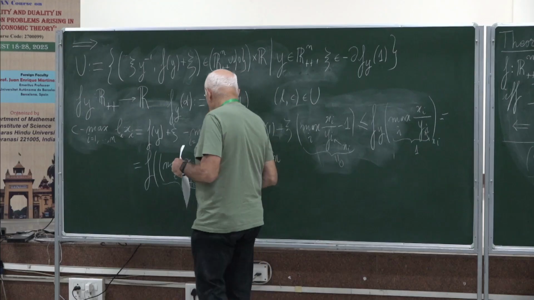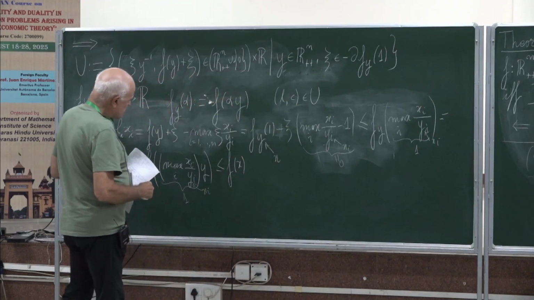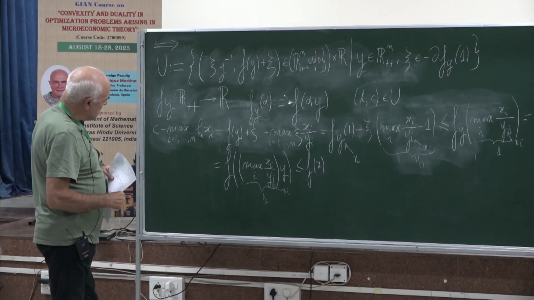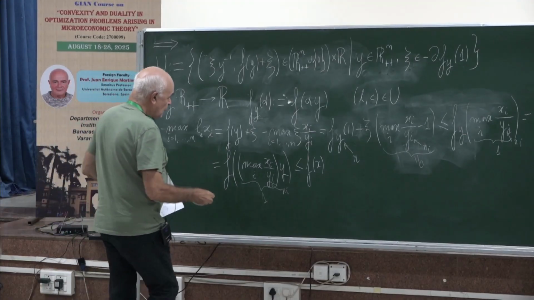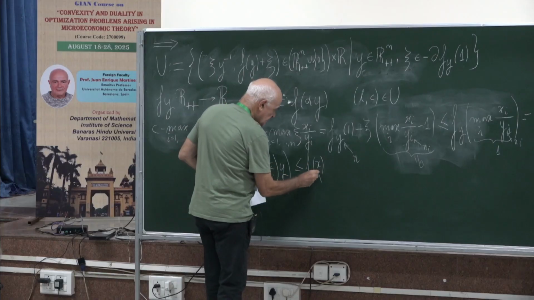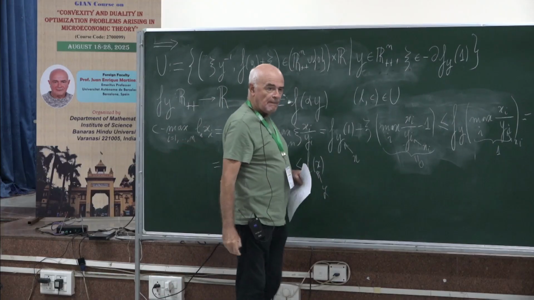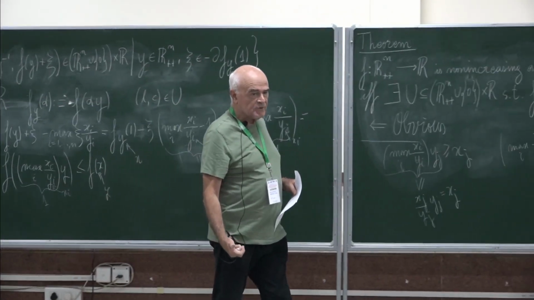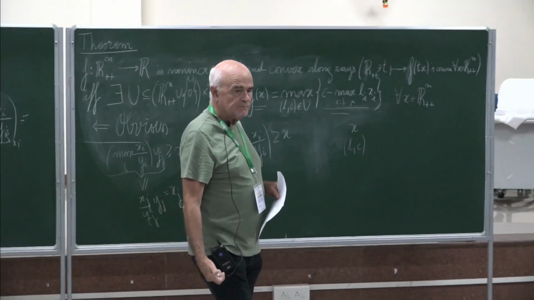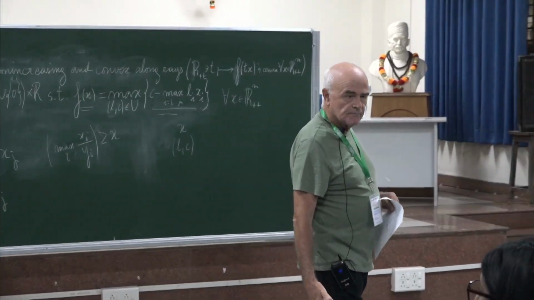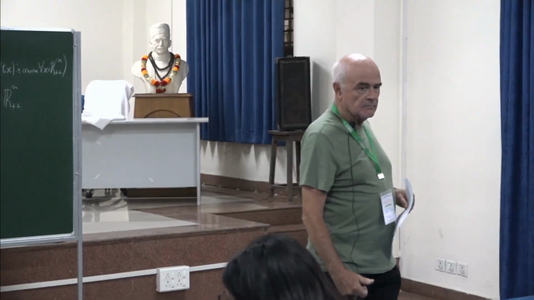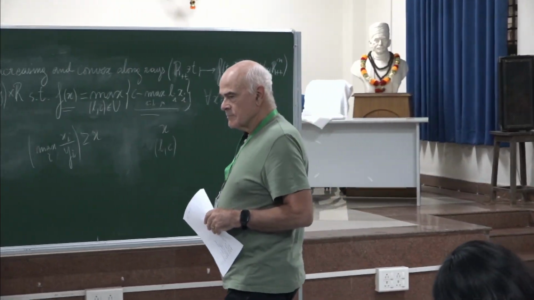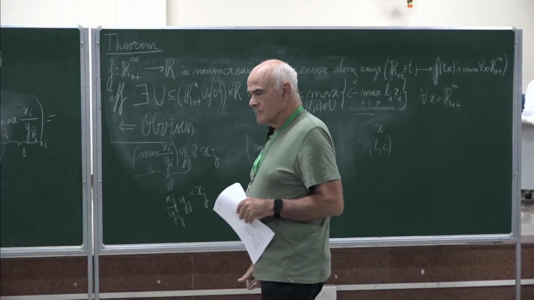And then I get, this is less than or equal to f of y, but y and x are exactly the same, because I have chosen y this way. Okay? Do you agree?